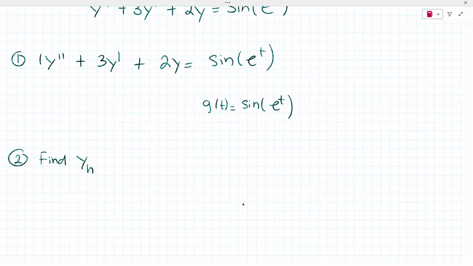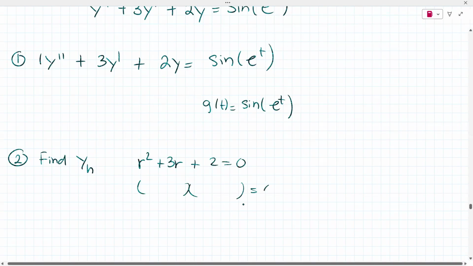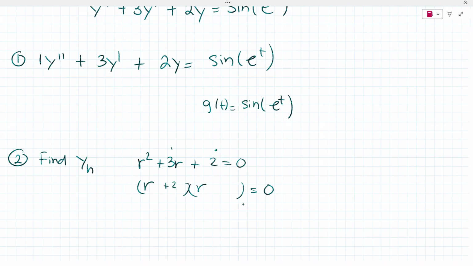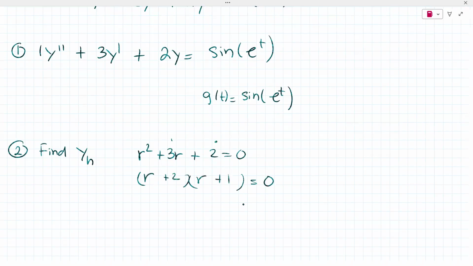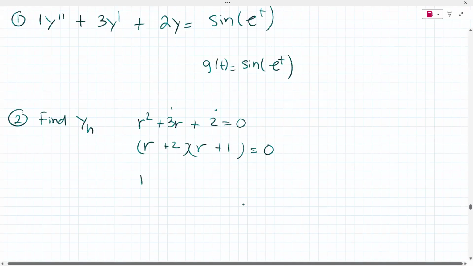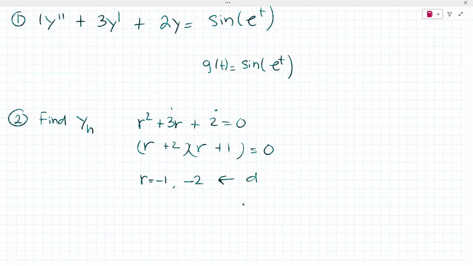So it's just going to be r squared plus 3r plus 2 equals 0, and then we can factor this out. It's going to be r plus 2 times r plus 1, where two numbers multiply to 2 and add to 3, and you get r equals -1, -2. And these are two distinct roots, right?